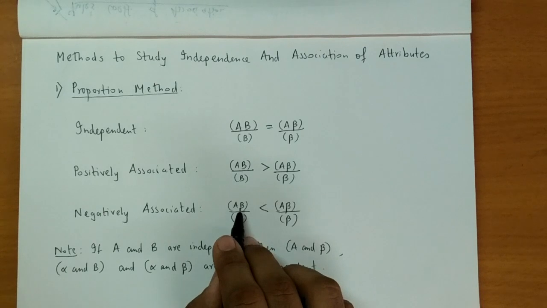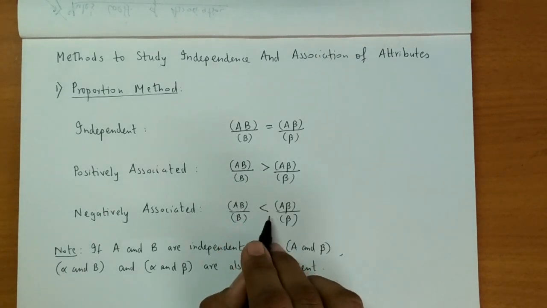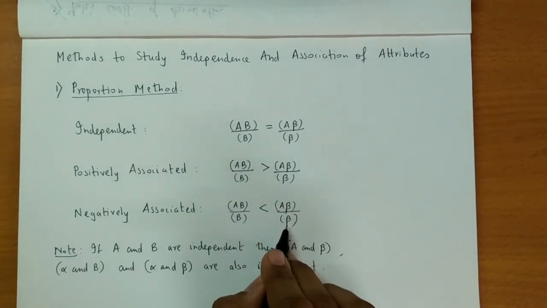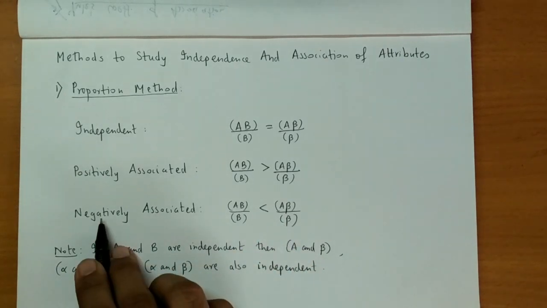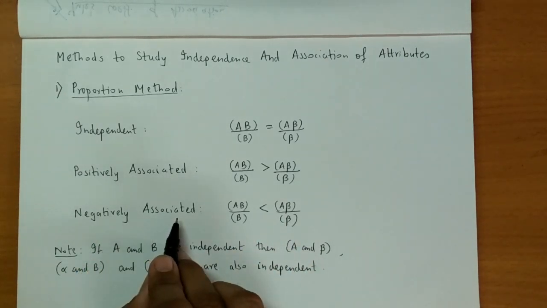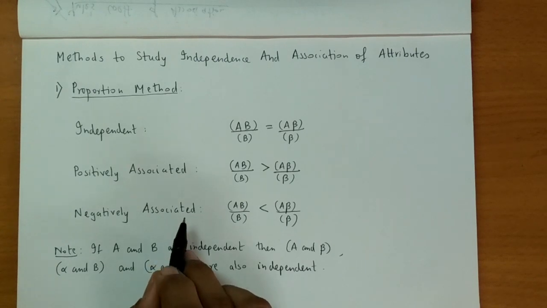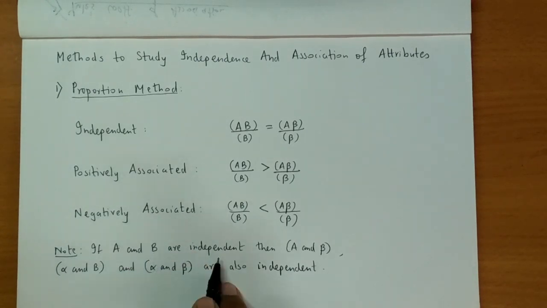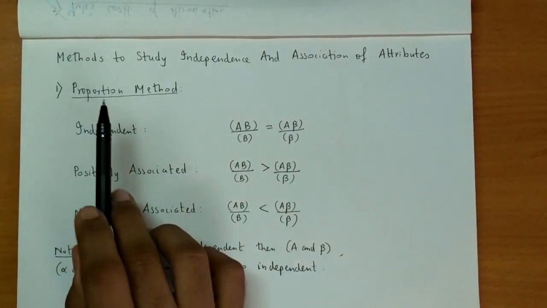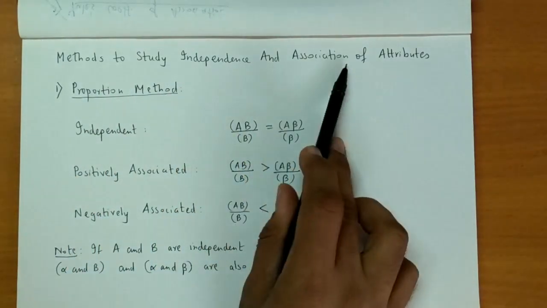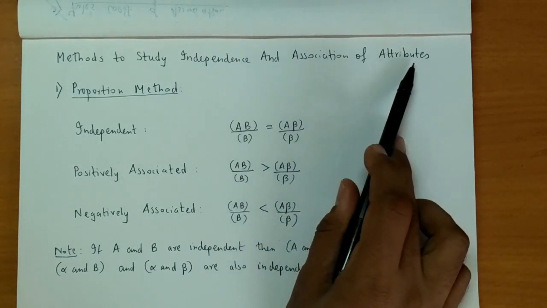If proportion of A amongst B is less than proportion of A amongst beta, then we say the attributes are negatively associated. अब याद रखिए अगर A and B independent है then A and beta, alpha and B and alpha and beta would also be independent.